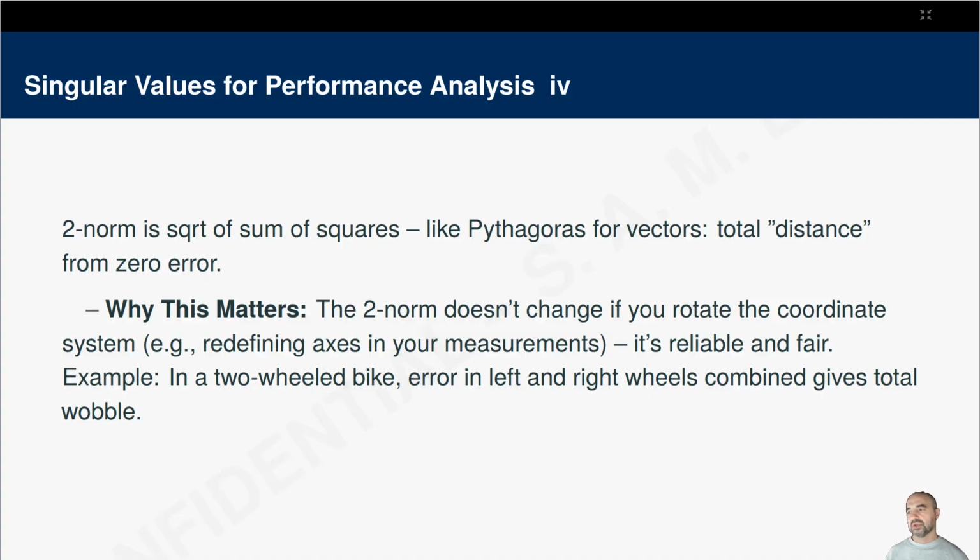Consider this example in a two-wheel bike. Error in left and right wheels combined gives total wobble.